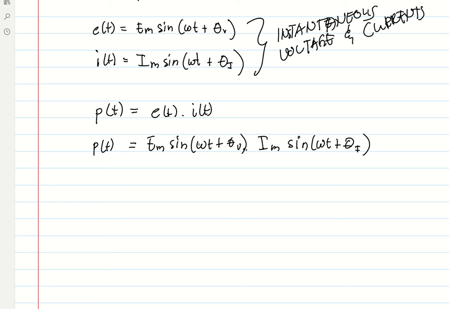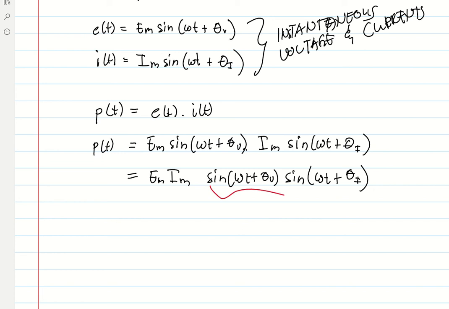Then we can rearrange this into Em Im, then sine of omega t plus theta v times sine of omega t plus theta I. Recall our trigonometric identity from before. This is somewhat familiar.